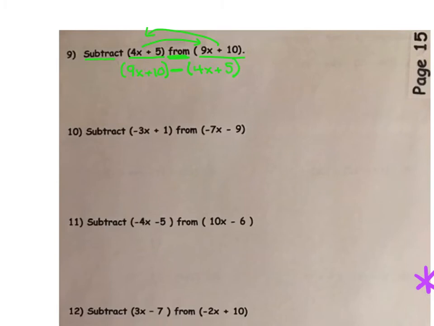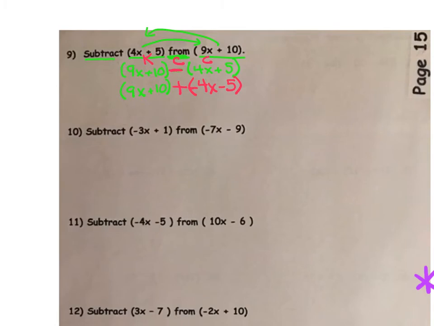Now that we've got it written as a subtraction problem, we're going to KCC, keep, change, change. The 9x plus 10 stays as is, but of course, subtraction becomes addition, and each term in the second quantity is going to flip to its opposite, negative 4x minus 5.